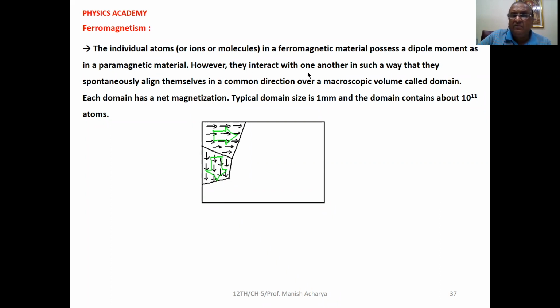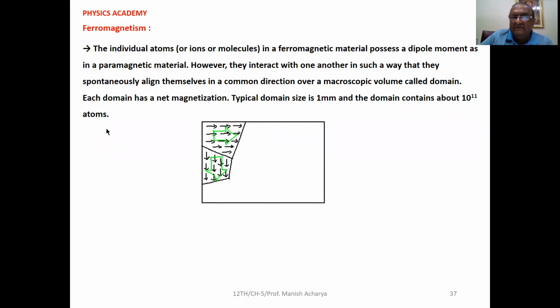However, they interact with one another in such a way that they spontaneously align themselves in a common direction over a microscopic volume called a domain. And each domain has a net magnetization. Typical domain size is 1 millimeter and the domain contains about 10 raised to 11 atoms.